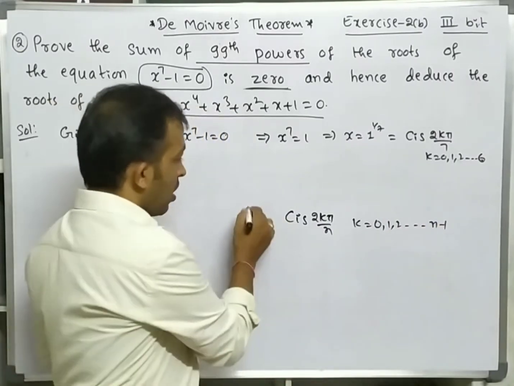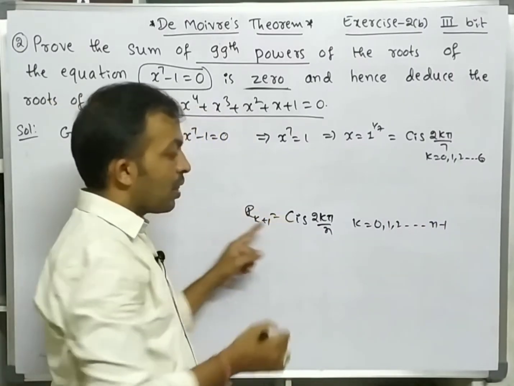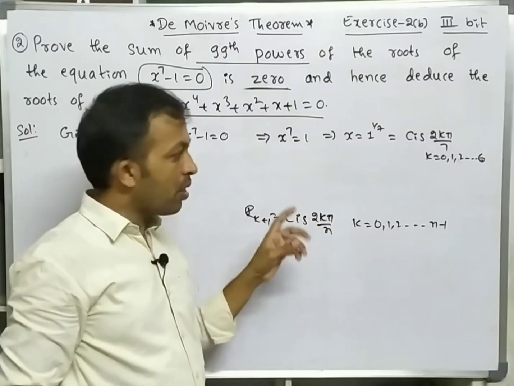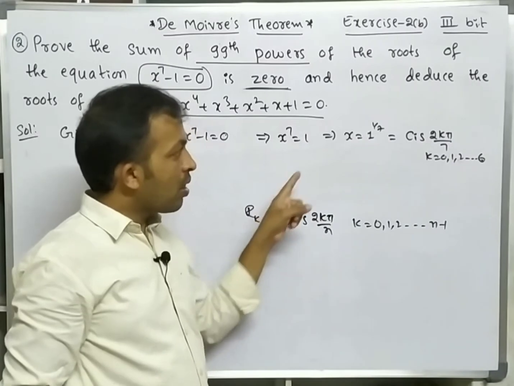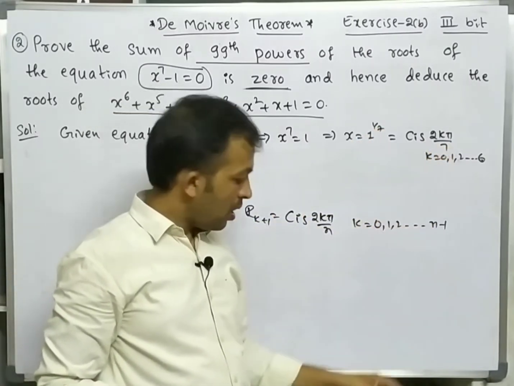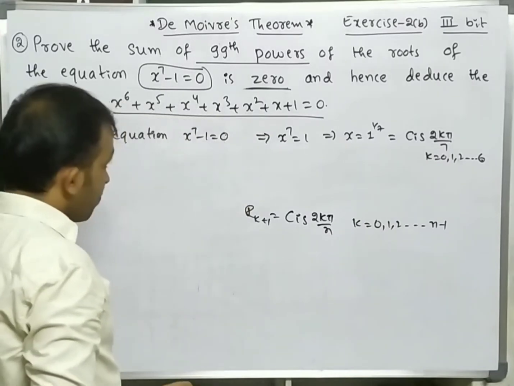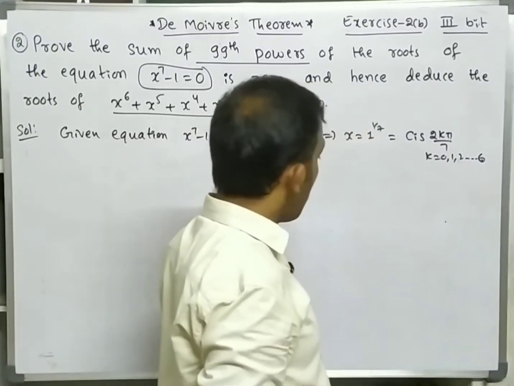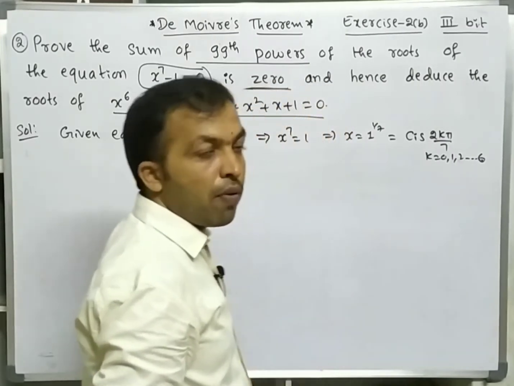So this is equal to r, k plus 1, cis 2k pi by n. Already we have proved this in previous videos, so go through those videos. The 7th roots of unity means we will get 7 in the denominator, right? Now nth roots of unity are 1, alpha, alpha square, and so on, alpha power n minus 1.